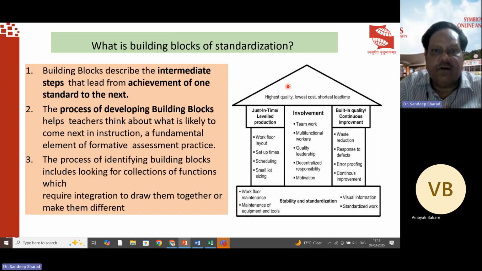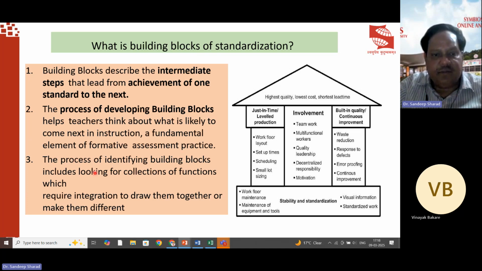So what are the building blocks of standardization? Building blocks describe the intermediate steps that lead from the achievement of one standard to the next. The process of developing building blocks helps teachers think about what is likely to come next in the instruction, a fundamental element of formative assessment practices.